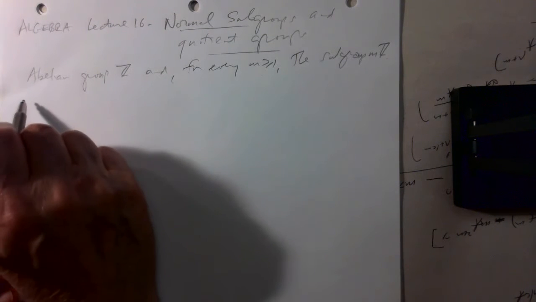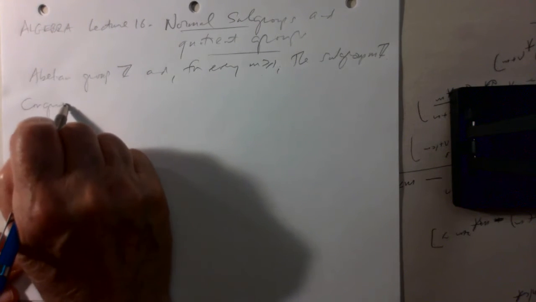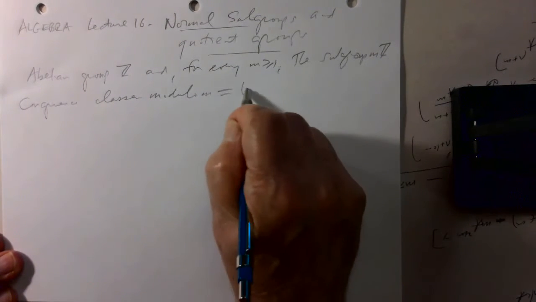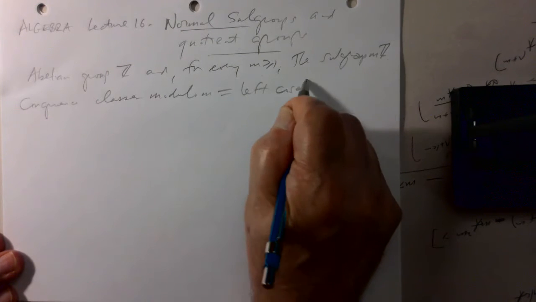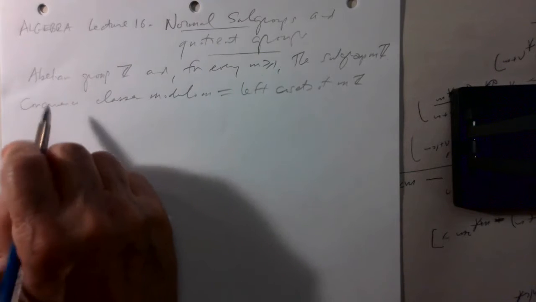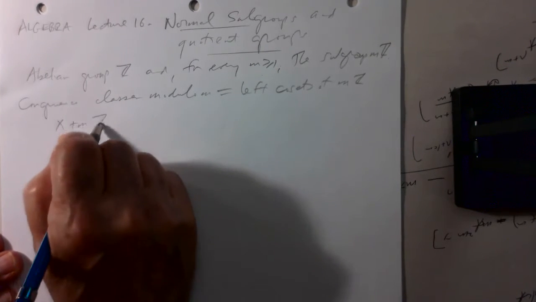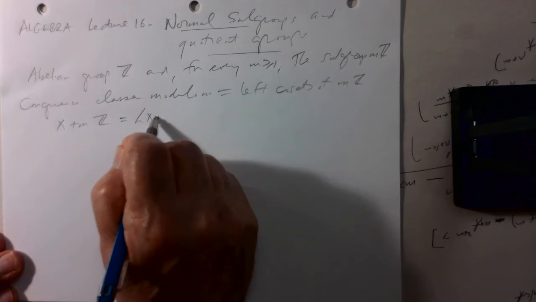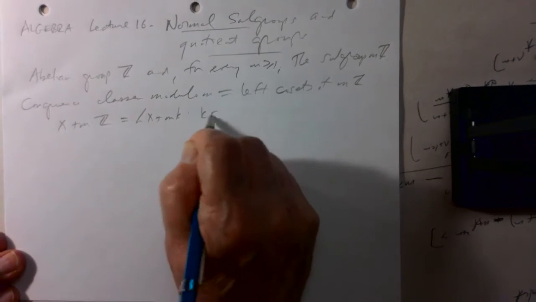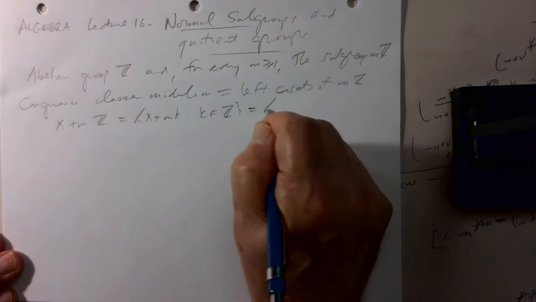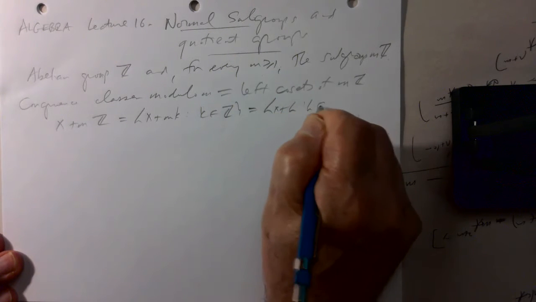And we have the congruence classes modulo m, which are the same as the left cosets of the subgroup mZ, namely things of the form x plus mZ. So this is just a set of integers, everything of the form x plus mk, k in Z, or if you like, x plus h for all h in mZ.